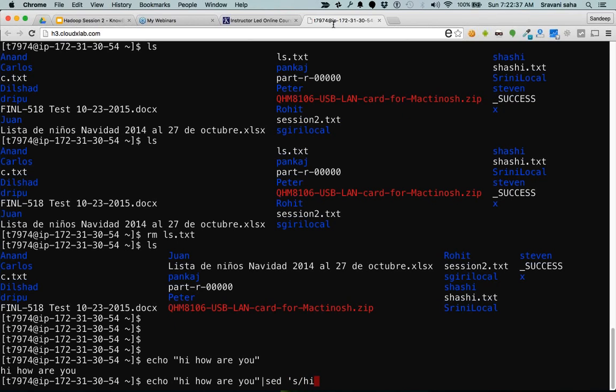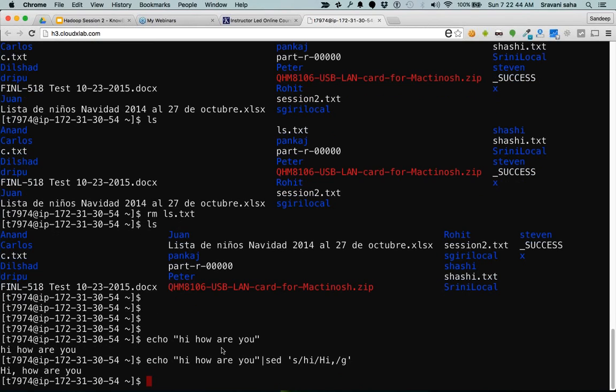Let's try to replace hi with capital Hi and comma. So now it is replaced in this stream itself. Whatever input it got from echo, it has replaced hi with Hi.